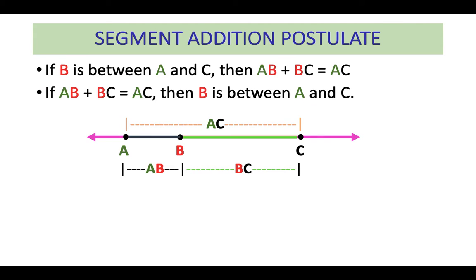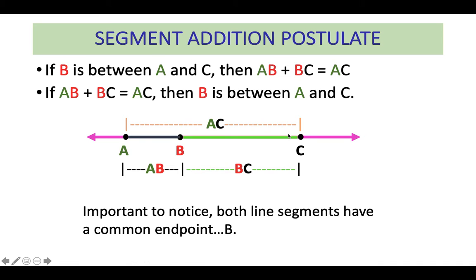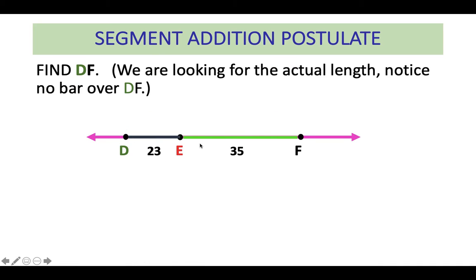Okay, so let's refresh the segment addition postulate as well. We're shifting gears here to the things that we were talking about earlier. AB and BC, these two segments together are still the same as AC. Adding the parts equals the whole, right?